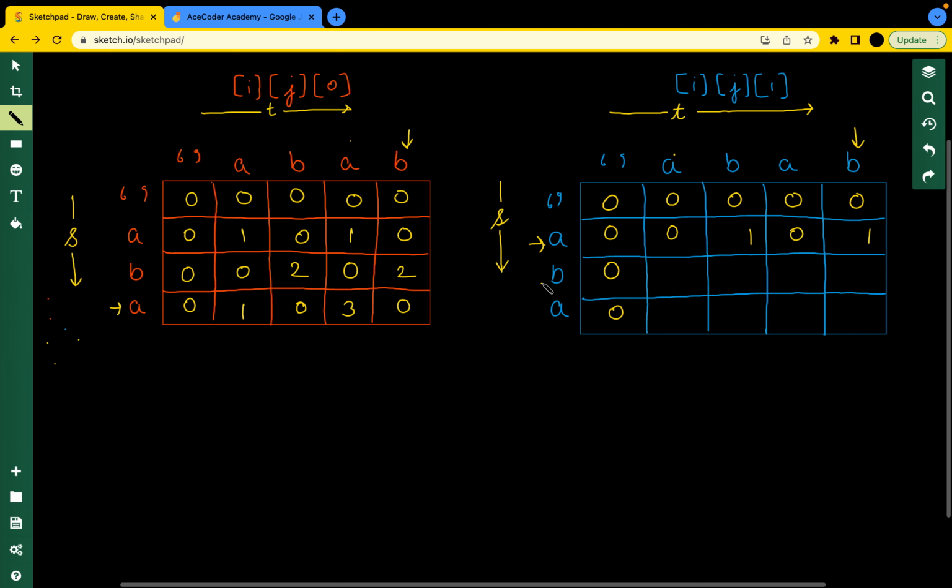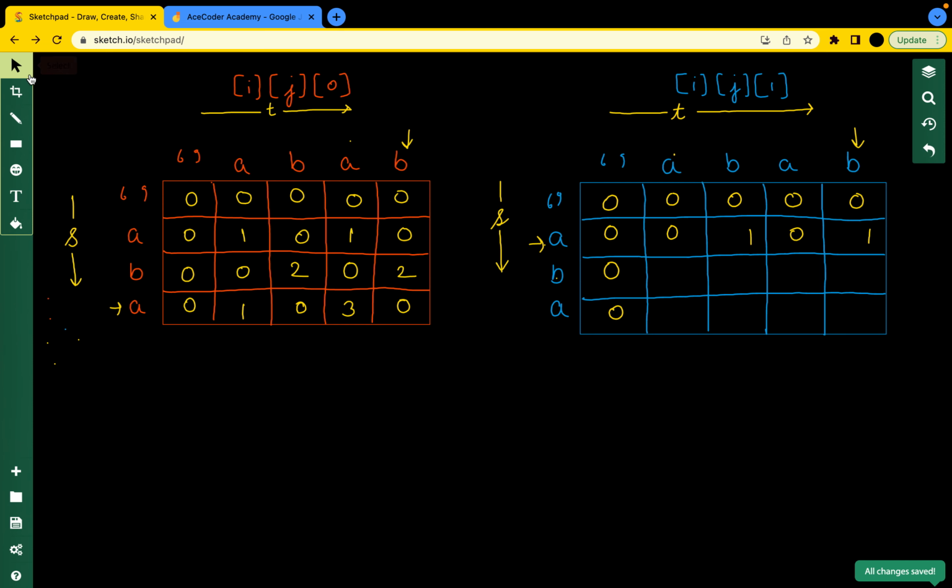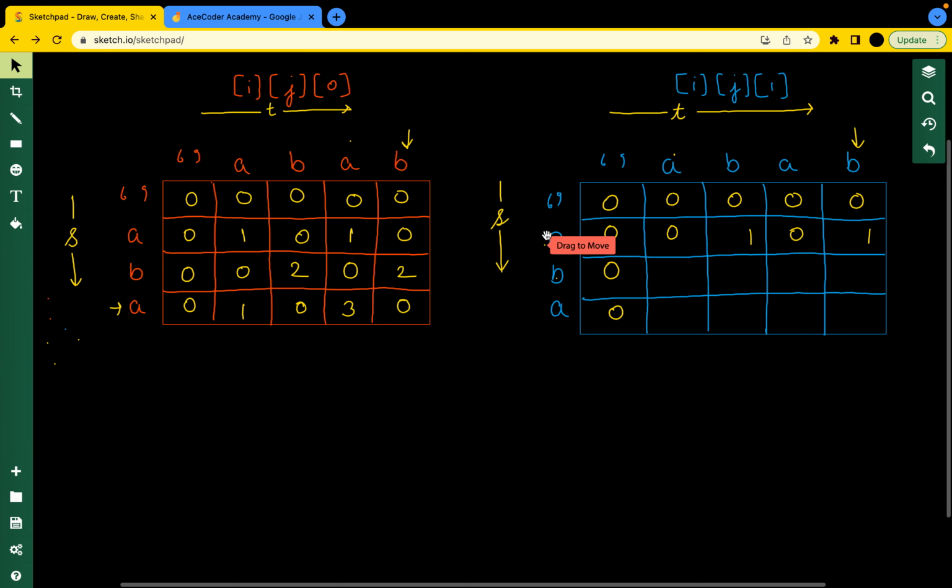So the answer will be 1 in this case only. And similarly, we'll be looking for this value of B when we are standing at, just wait a second. Yes, so when we are standing at this B and this value A, because they are both unequal, this answer will be simply 1.